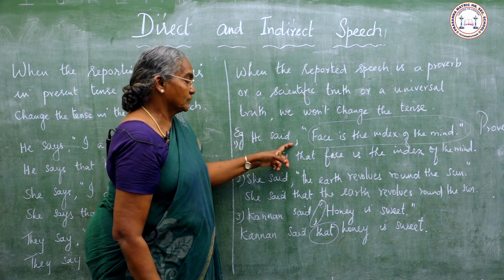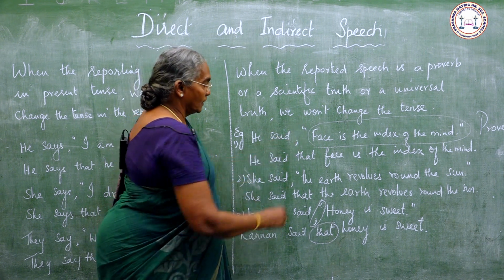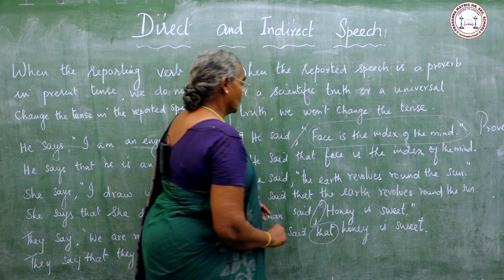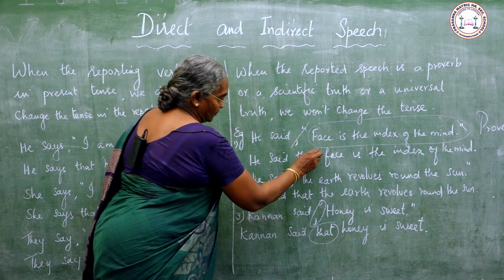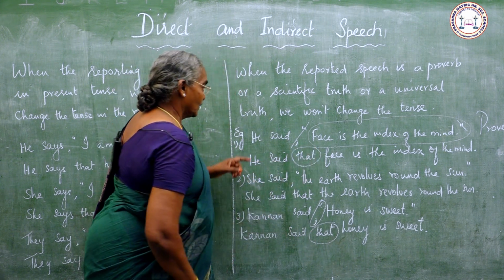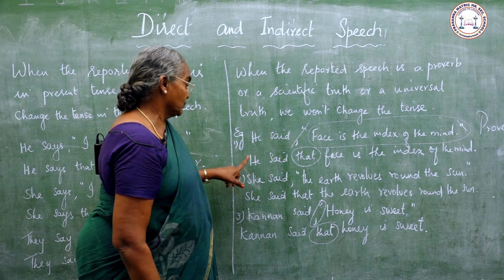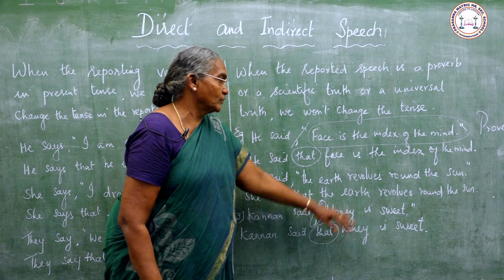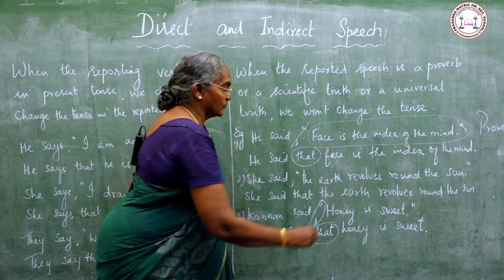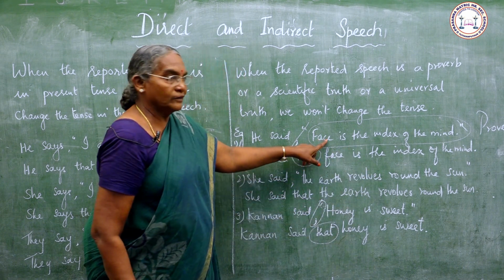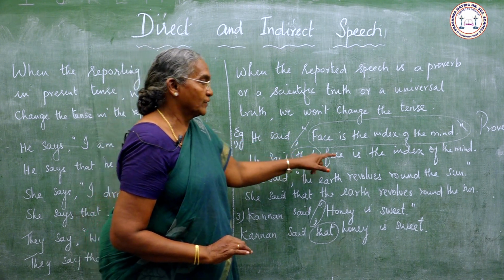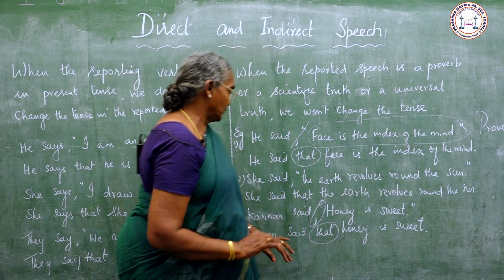We remove the comma and quotation mark, and add the conjunction that. Now, repeat the sentence. He said that face is the index of mind. No need of changing the verb here. It is a proverb, so we don't change the verb here.